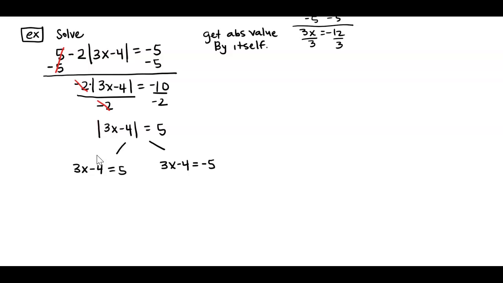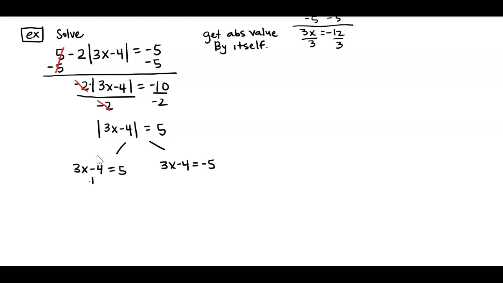On some videos, they might show you to make the 3x minus 4 all negative and keep the other side positive. And that works too. There's more chance for mistakes, I think, with a lot of people. So that's why I just leave positive 5, and then the other one is going to be negative 5.